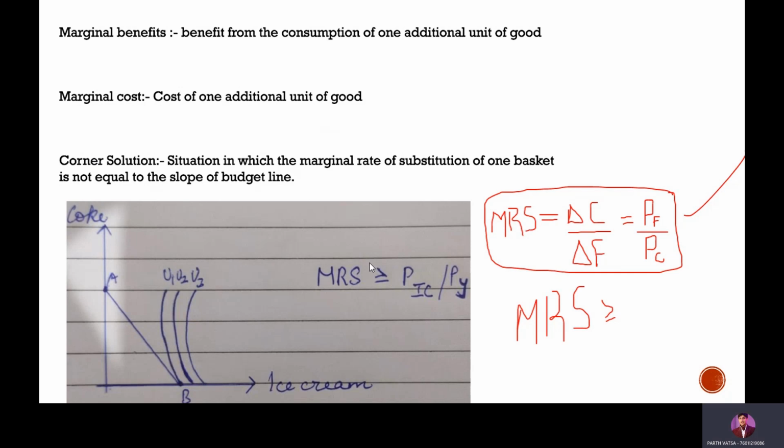That is the reason why the MRS comes out much higher than the slope. And that is why at this point I am going to purchase only the commodity at this point, leaving all this aside, because this is on my budget line as well and also gives me some utility. Either I will purchase this or I will purchase nothing.